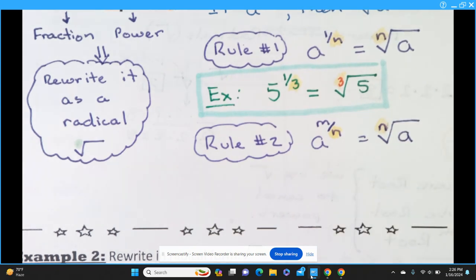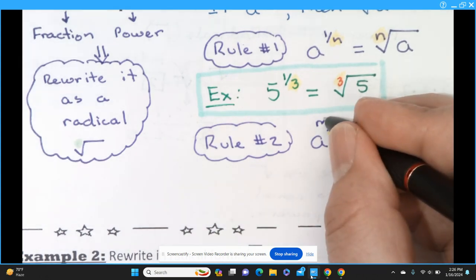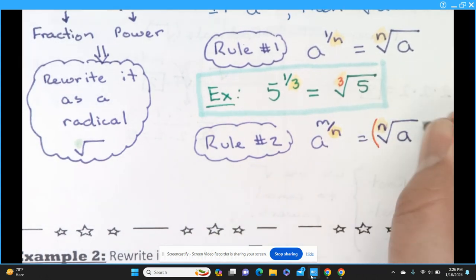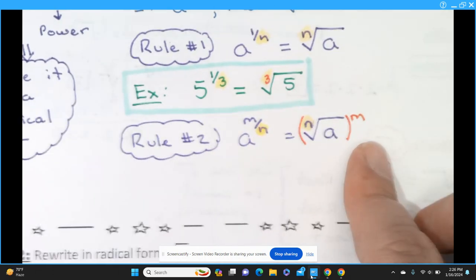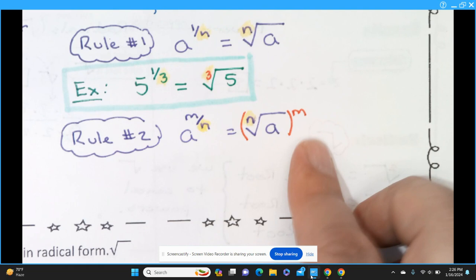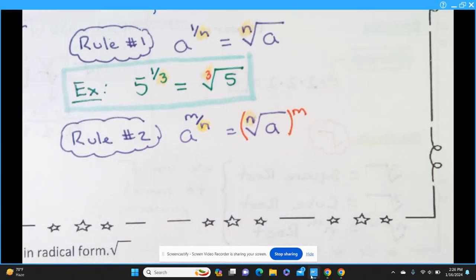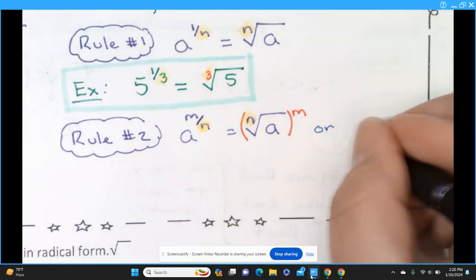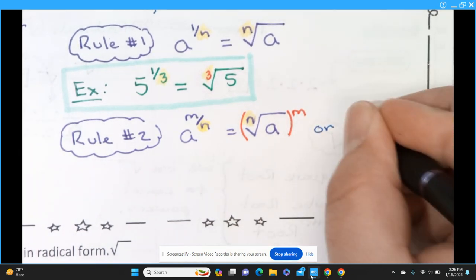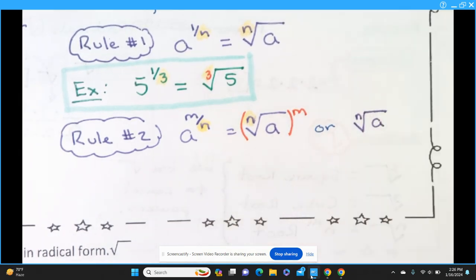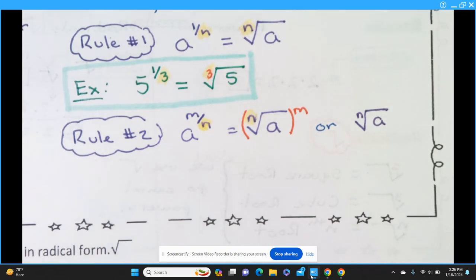Don't mix them up. That letter m, we actually have 2 options. If there's an m on the top, you can actually write it down with the m on the outside. Or we have another option for that m. Now notice, I'm not going to change this. The n is still here. The a is still there. That didn't change.